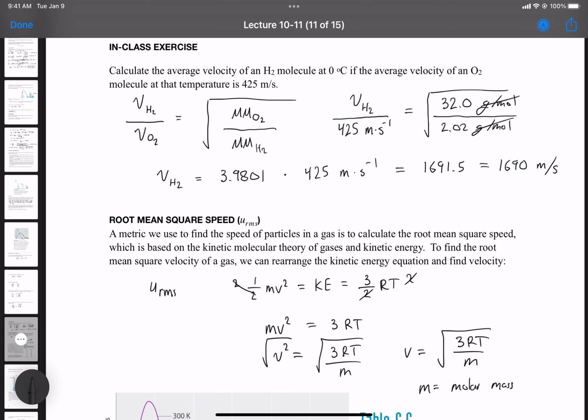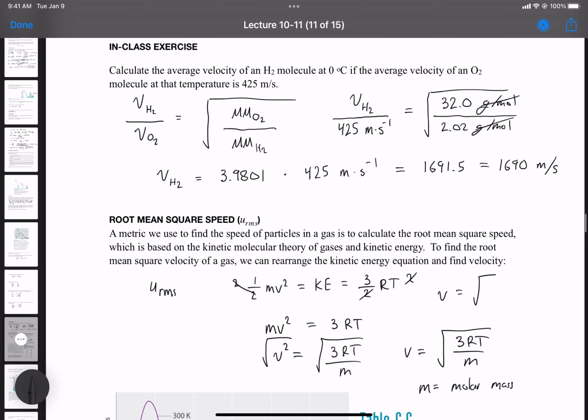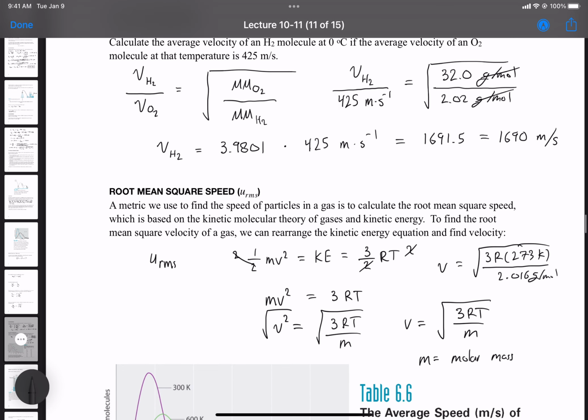So we do v equals the square root of 3R times 273 Kelvin, divided by the molar mass of hydrogen, which is about 2.016 grams per mole. These units will have to cancel out somewhere.